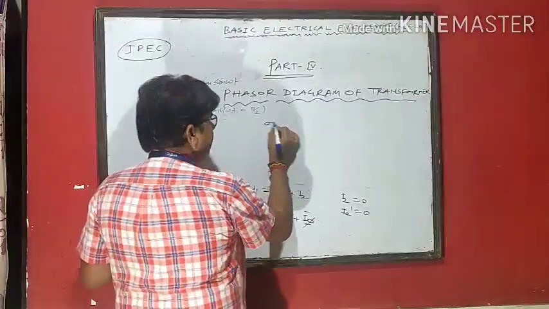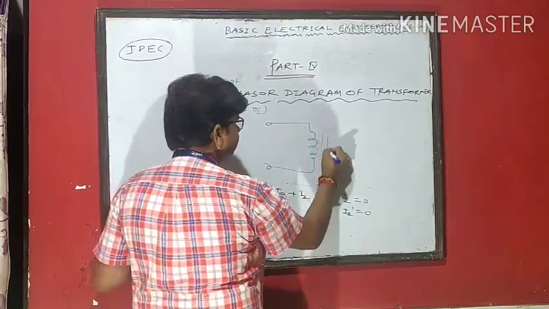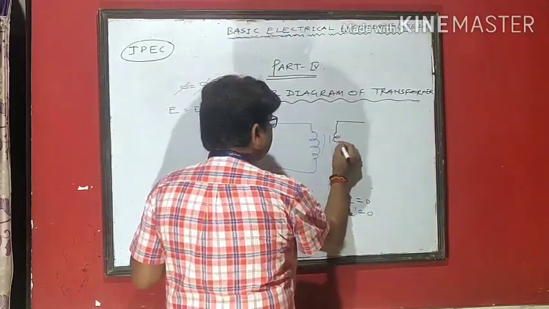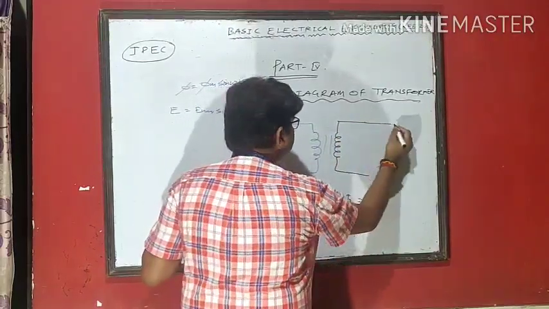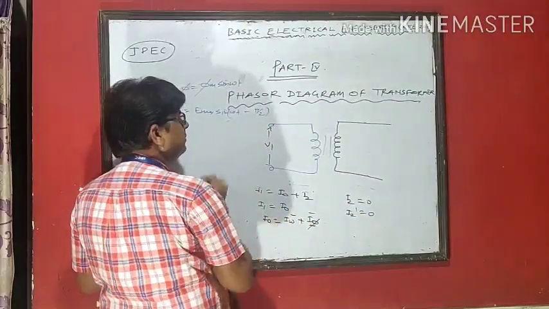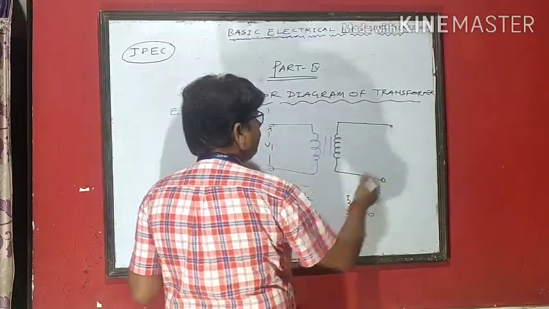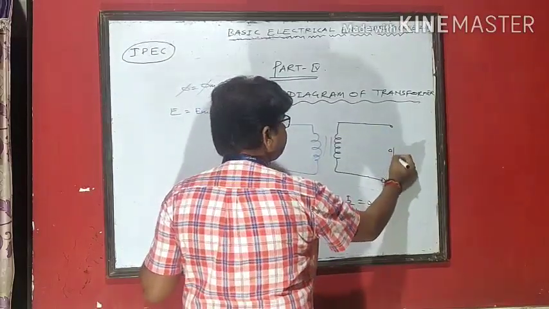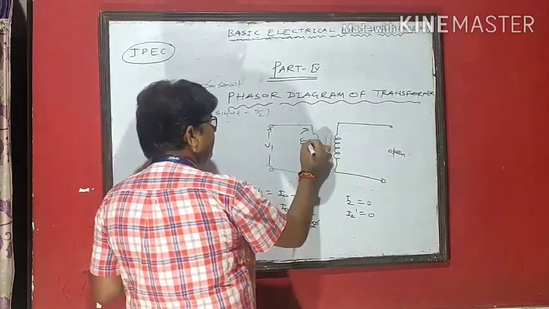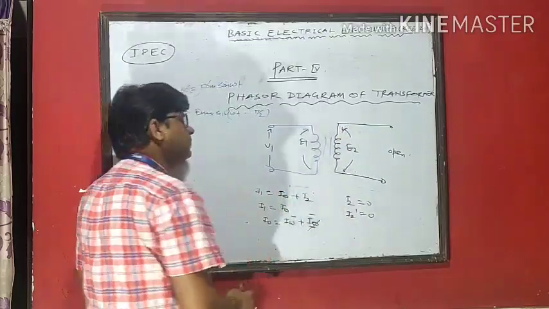Suppose this is your symbol of transformer. This is your supply voltage V1, and this is the first case when load is not connected. That means this is open. So this is EMF E1, this is EMF E2.